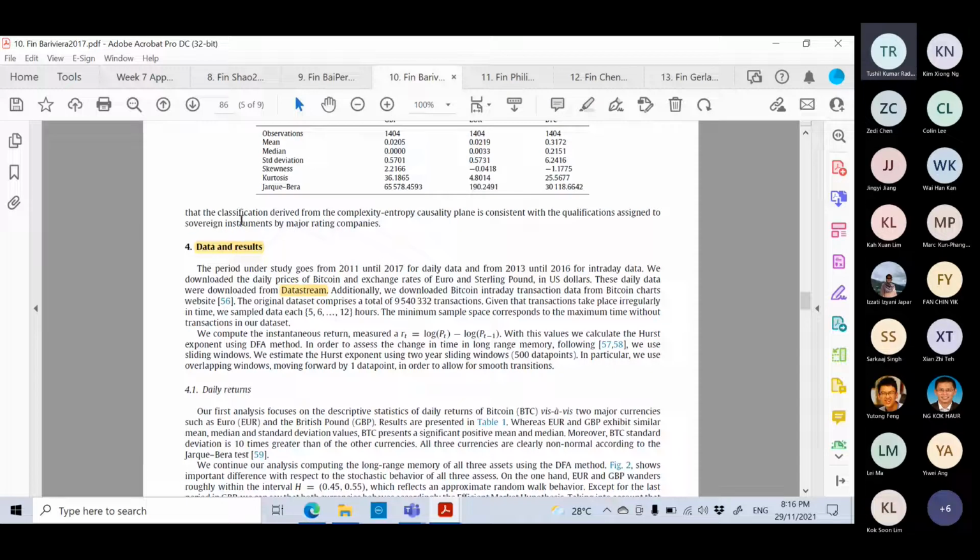So in this data set, they tell you the source of the data. This data you can get easily from Datastream or from CoinDesk. Bitcoin is very easy to get. But certain data, like the statistics data just now, some of it you are unable to get.